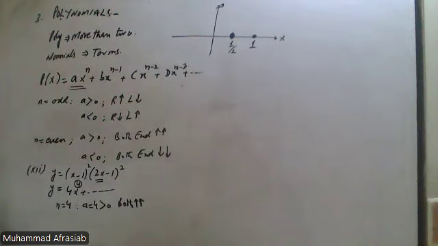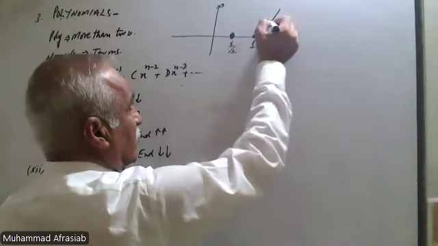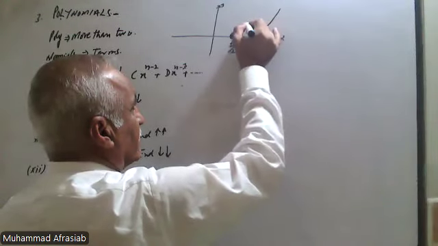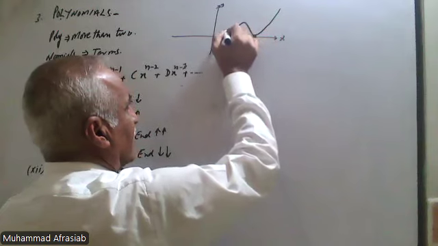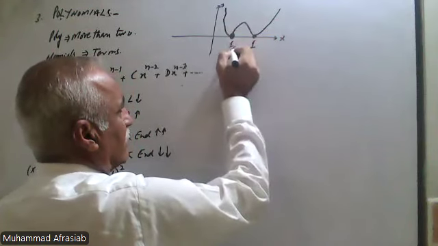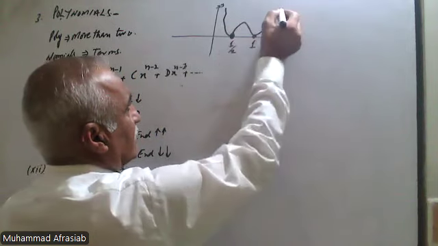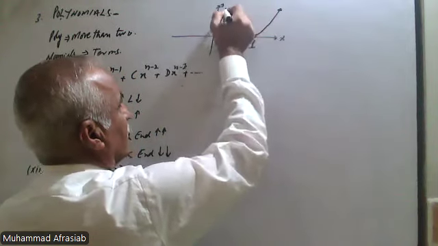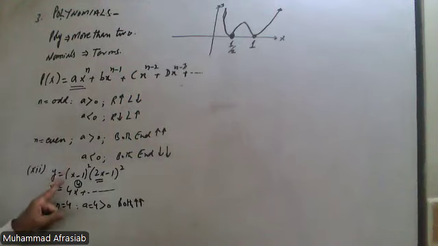Now, since a is equal to 4 and both ends are upward, you start from this point, it will make a turn there, then it will reach this half and turn there. So there are two repeated roots at half and 1, and this is the sketch of y equal to x minus 1 whole square into 2x minus 1 whole square.